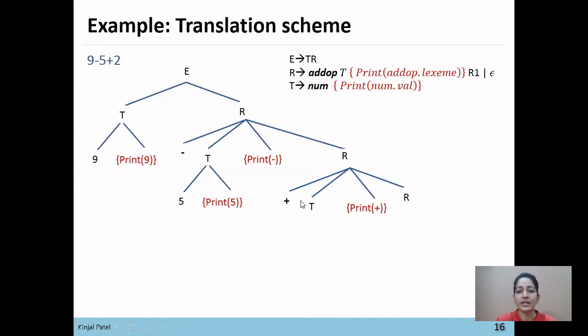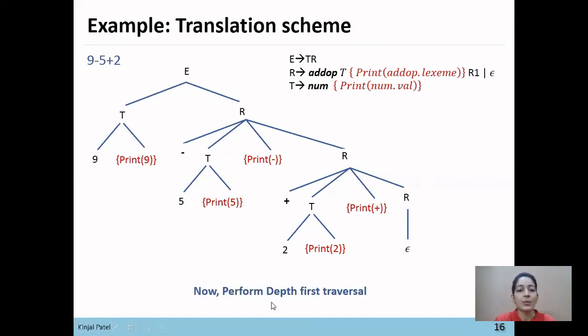So from this T, 2 will get printed, that is, derive 2 and the translation scheme for 2. So here the 9 minus 5 plus 2 string has been parsed. So from this R we will derive the null symbol. So now this parse tree represents the infix to postfix notation.